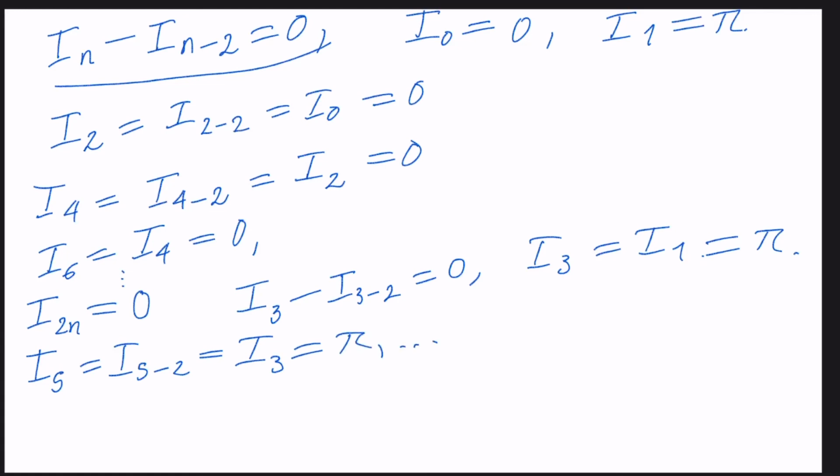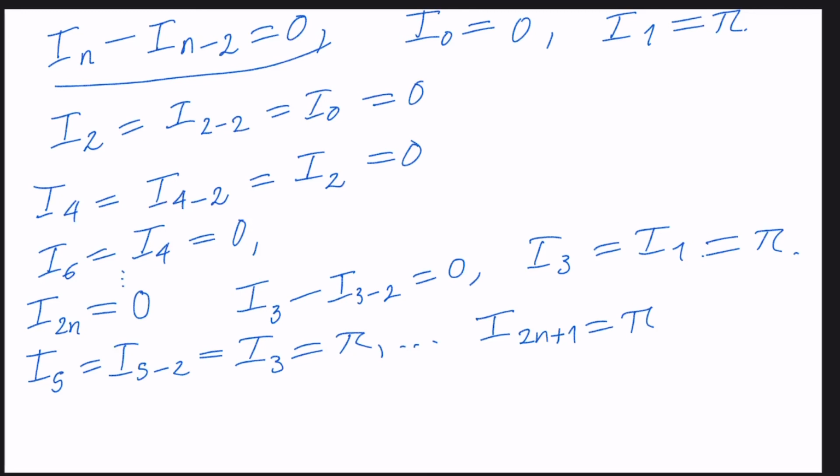So again, we can prove by induction, but if we use the pattern that we have observed, then we can deduce that I of 2n plus 1, with n a natural number, so an odd number, is equal to pi. So we can say that if n is an even number, then I of n will be equal to 0, and if n is an odd number, then I of n will be equal to pi.